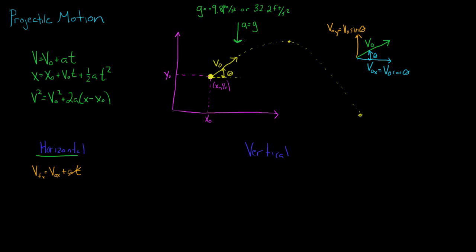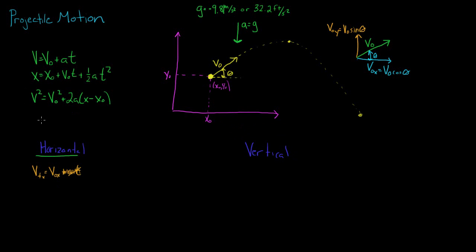Acceleration is gravity, and acceleration is only working in the negative y direction. So this goes away, and we have a final velocity in the x direction equal to the initial velocity in the x direction. This means the x component of velocity stays constant throughout an entire projectile motion problem.